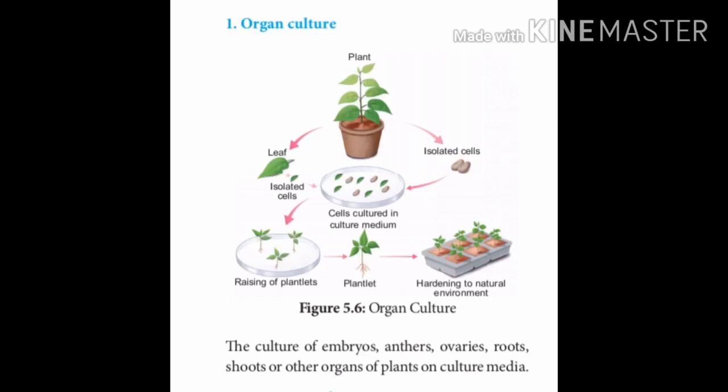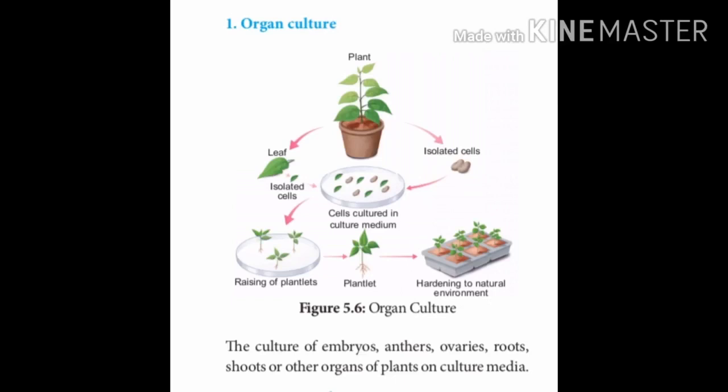You have an isolated cell; you have a plant. From the plant, the leaf is taken, and we call it the explant. From the explant, we remove the cell and keep it in a culture medium. The cell is cultured in the culture medium, and in a few days, you will find plantlets rising. In the third picture, plantlets have been grown, and that plantlet is isolated and kept in a separate container.